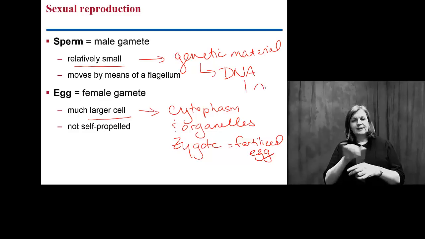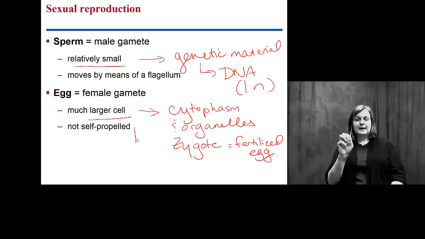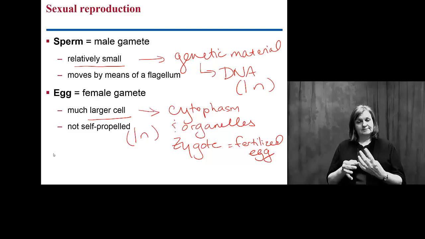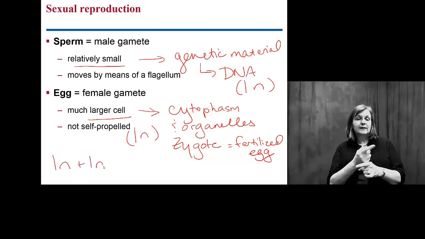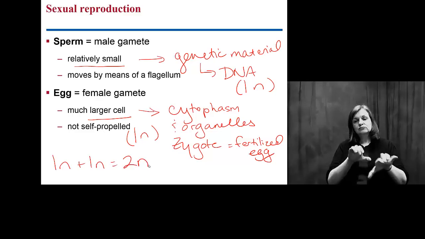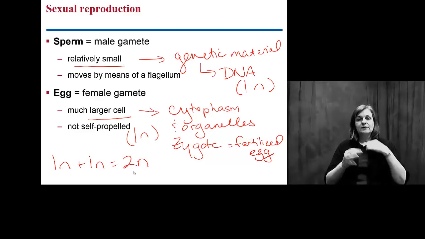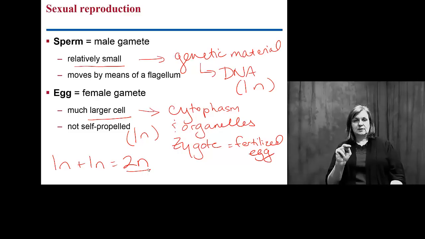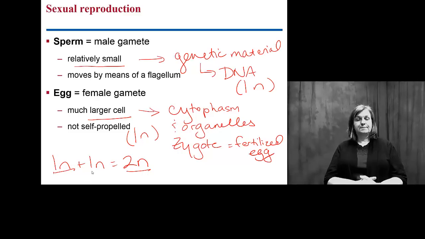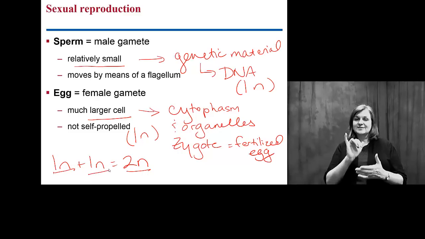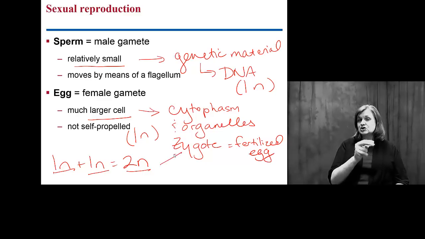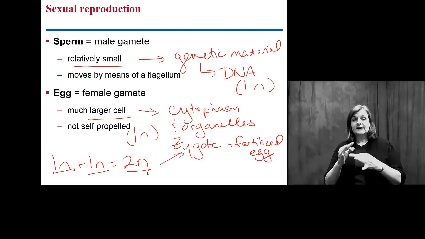So we're getting 1N from the sperm, 1N from the egg. So 1N plus 1N equals 2N. This is chromosome copy number, remember. So we're getting one set of chromosomes from mom, one set of chromosomes from dad and producing a zygote with 2N.